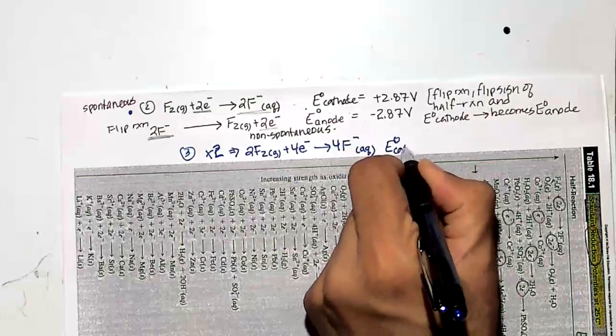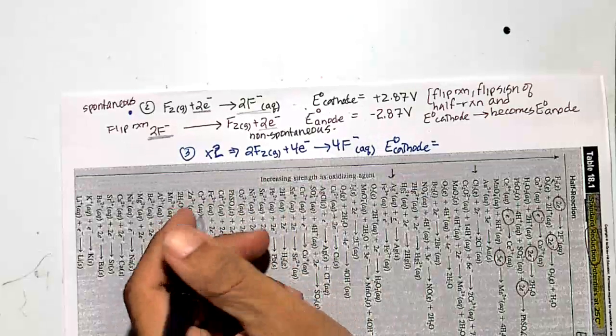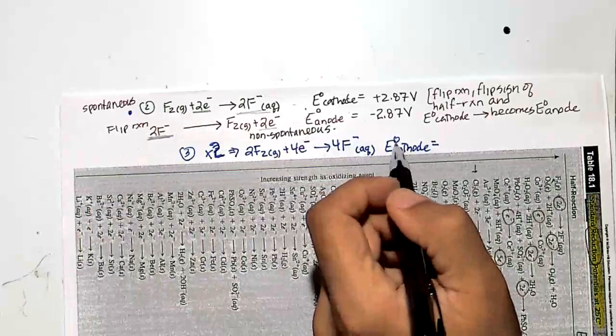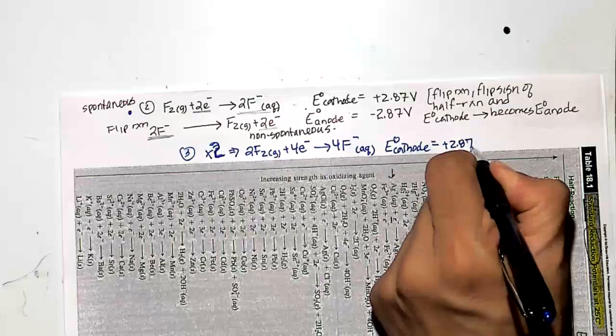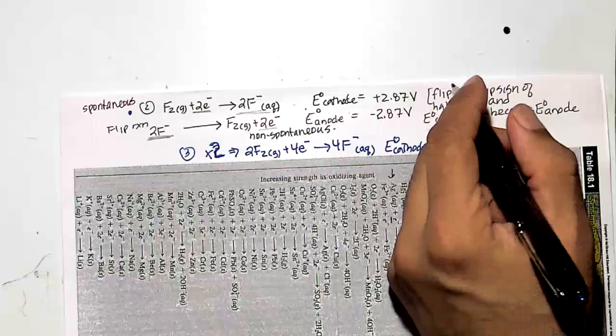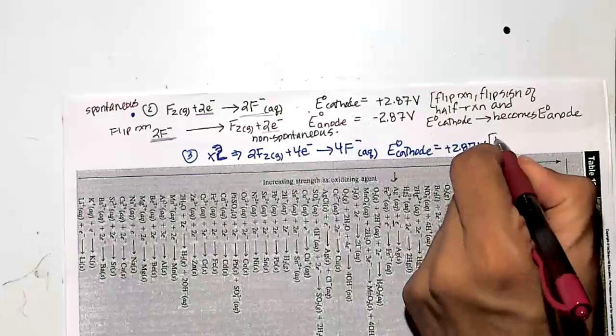Okay, what will be my E of the cathode? My E cathode will still be positive 2.87 volts. Okay, so this value does not change. That's a super important point.